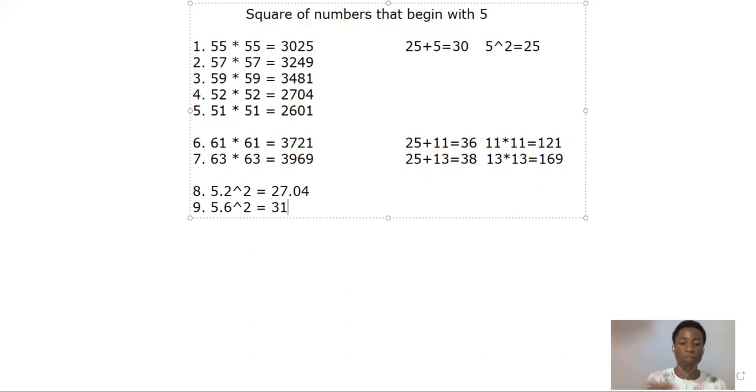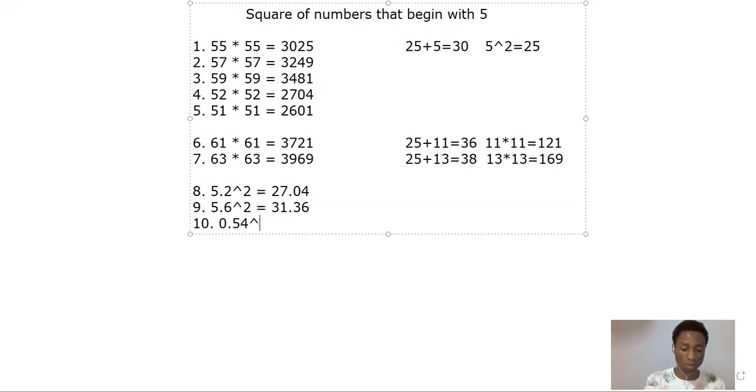Good. Then we square the 6 to give us 36. Good. So then how many numbers do we have at the back of the decimal? We have 1. So because we have 1, all we just need to do is to multiply it by 2 because it's a square. So 1 times 2 will give us 2. So we move our decimal point twice. 1, 2. Good. So our answer is 31.36.